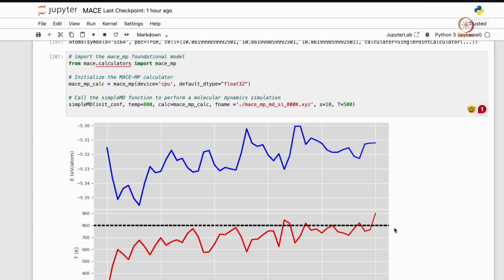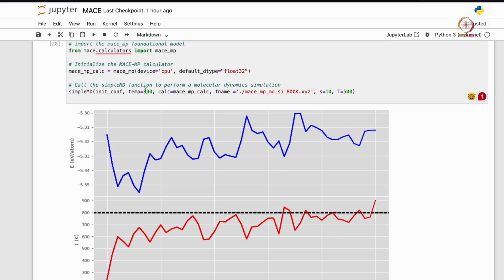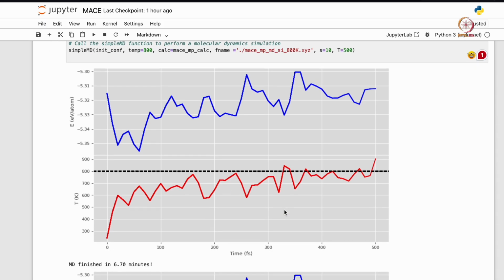Yeah, it's done. This completes our simulation till 500 steps with a max temperature up to 800. It can go up just because of the fluctuations in kinetic energy.